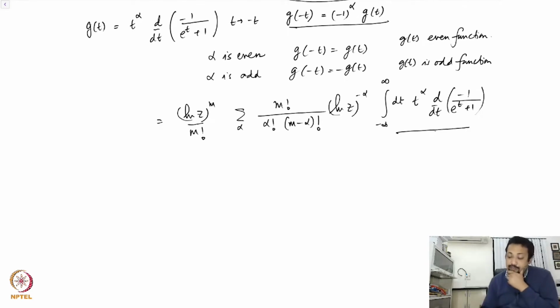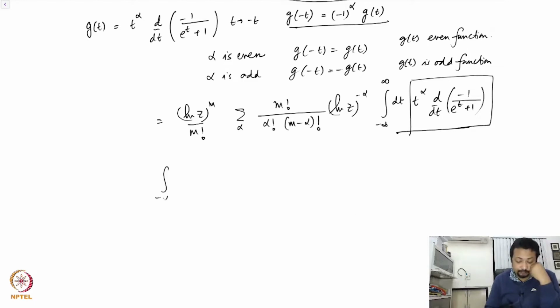Now, I have just said that this is going to be an even function if alpha is even, and an odd function if alpha is odd, so that this integral is going to be 0 when alpha is odd.